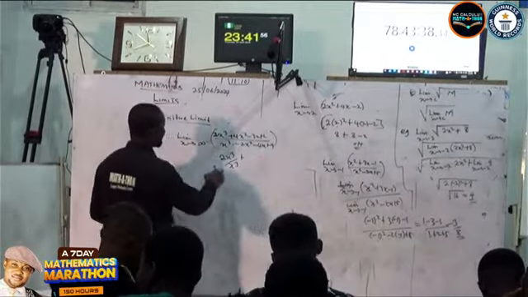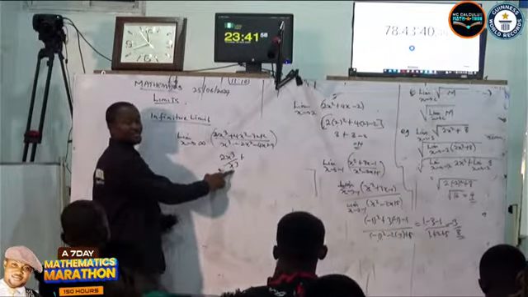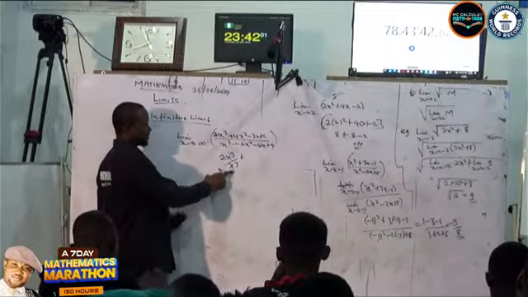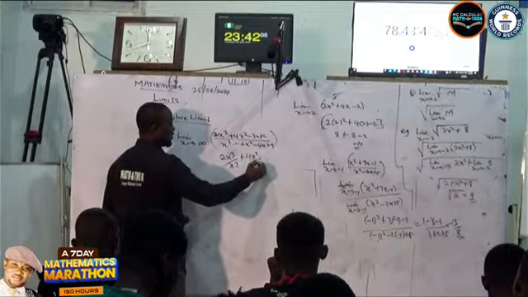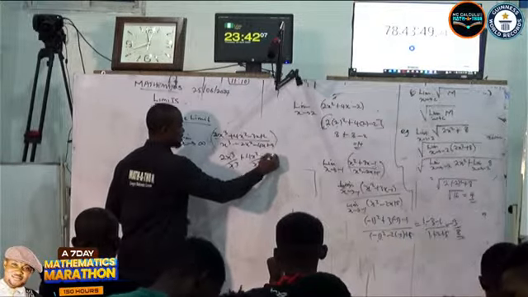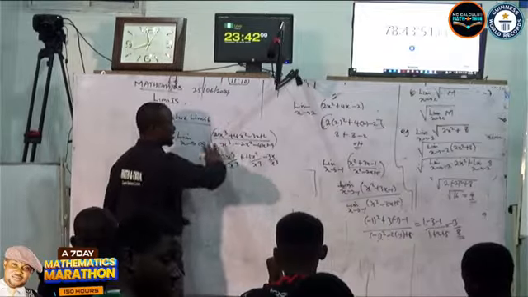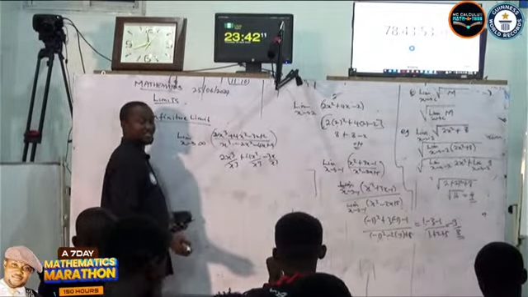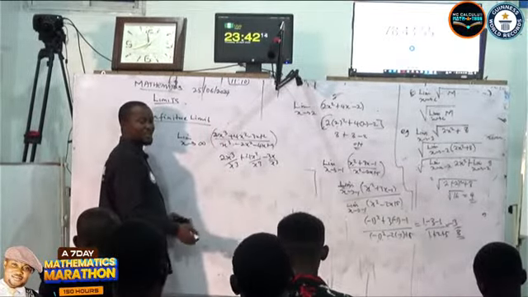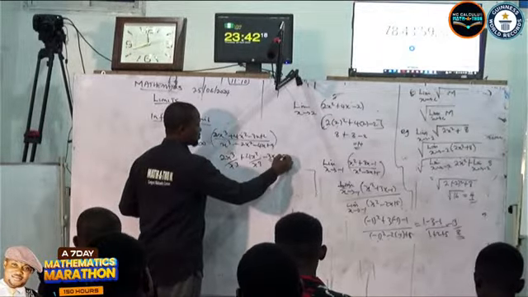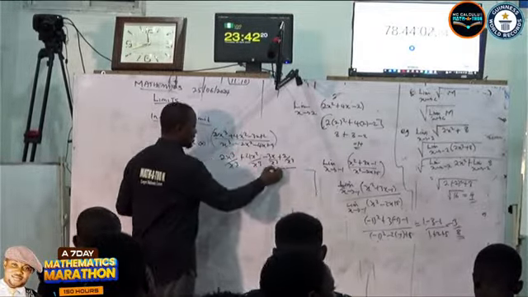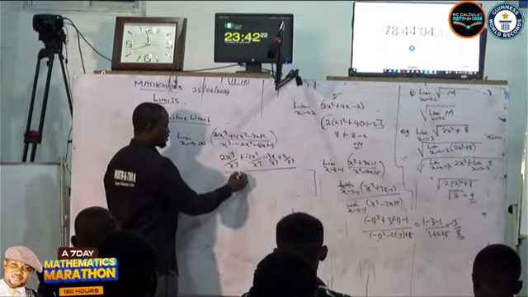Now, divide by this. Look at what is happening. 4x squared over x to the power of 3, minus 3x over x to the power of 3. That's everything to the power of 3 because that's the highest. It's just a formality. Plus 2x to the power of 3 divided by what? x to the power of 3.